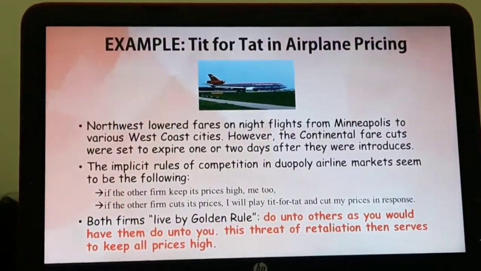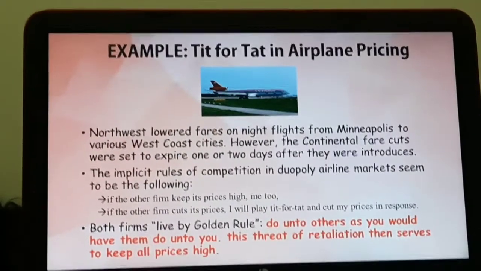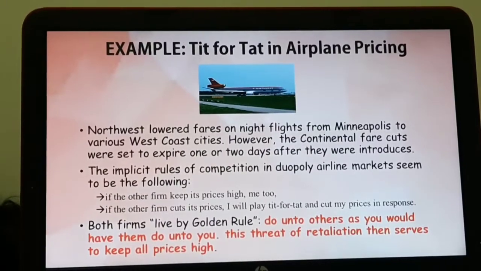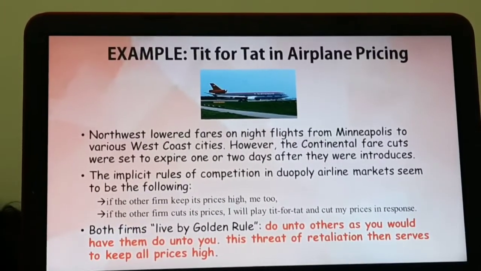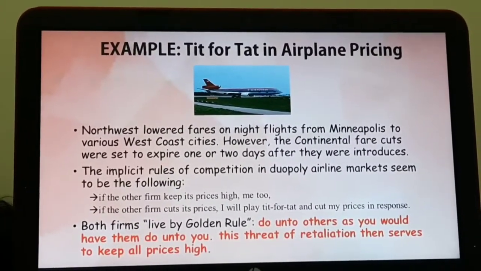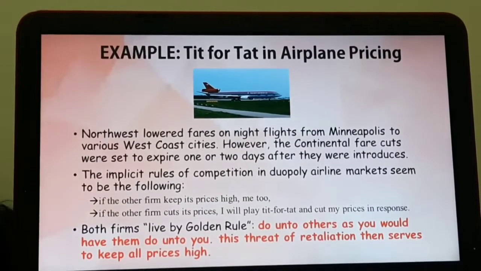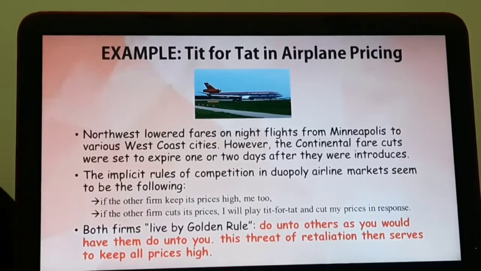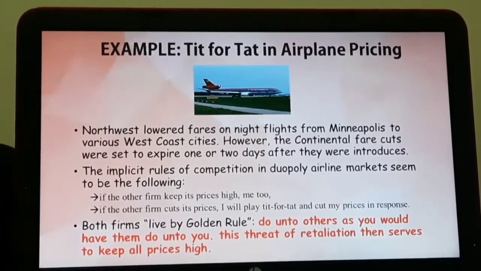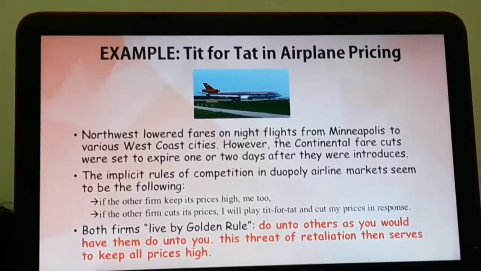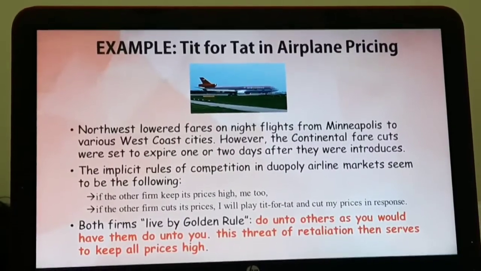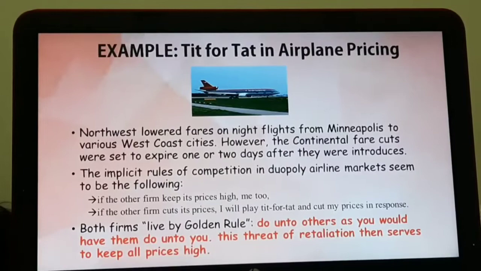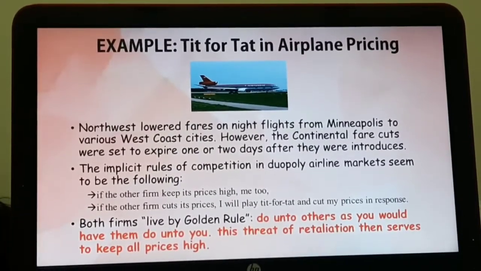So the example for tit-for-tat is in airplane pricing. Actually, Northwest lowered fares on night flights from Minneapolis to various West Coast cities. Its purpose was to fill the empty seats. But we can see that the continual fare cuts were set to expire 1 or 2 days after they were introduced.